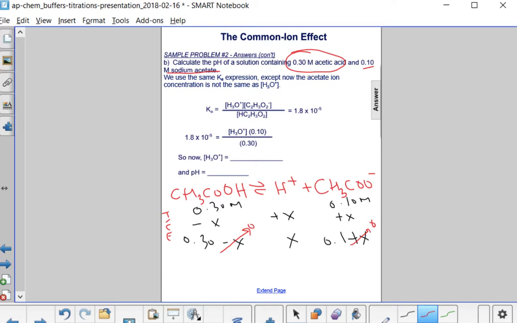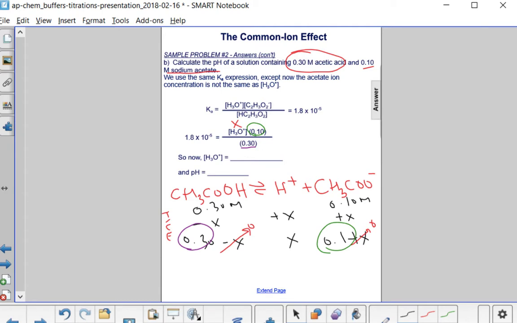And let's substitute our unknowns and our knowns into our equilibrium expression. So Ka, 1.8 times 10 to the minus 5, is equal to the hydrogen ion concentration, which is also X, times the concentration of acetate, which is 0.1, divided by the concentration of acetic acid, 0.3.